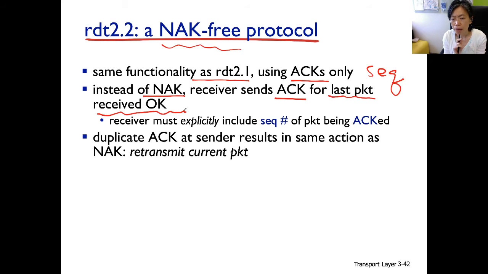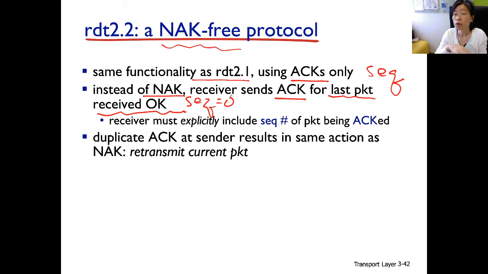Think a little bit about it. So the receiver starting from waiting for call from below 0, right? If packet 0 is received okay, receiver sends acknowledgement for packet 0, because packet 0 received okay. The last packet received okay is what? Sequence number equals 0.